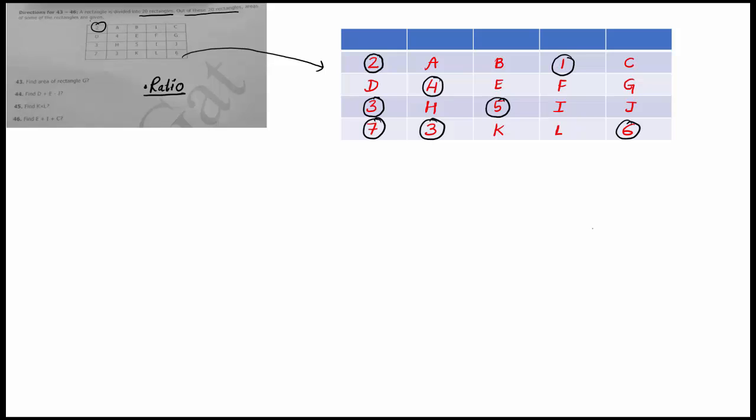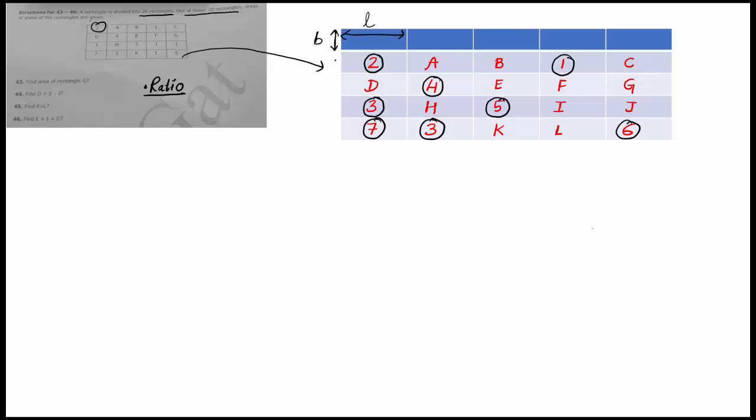See, before we start solving this question, let's understand a very basic thing. This is the length part of a rectangle, and this is the breadth part of a rectangle. But as each and every rectangle has a different area, they'll have different lengths and different breadths.